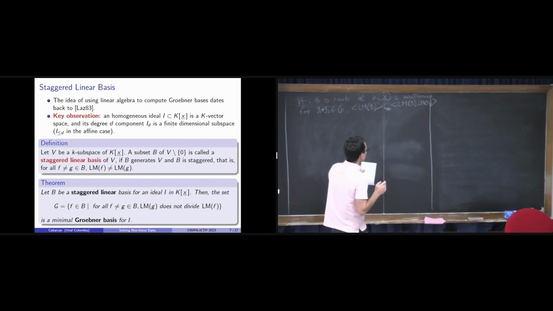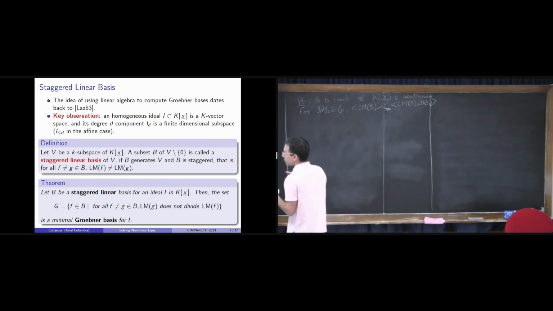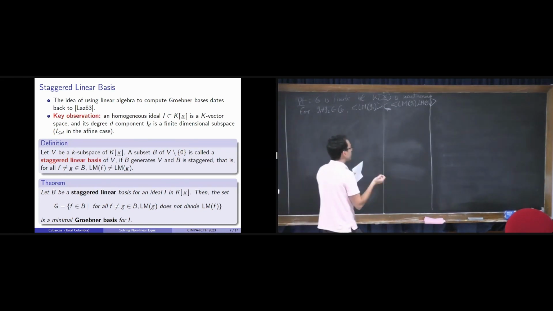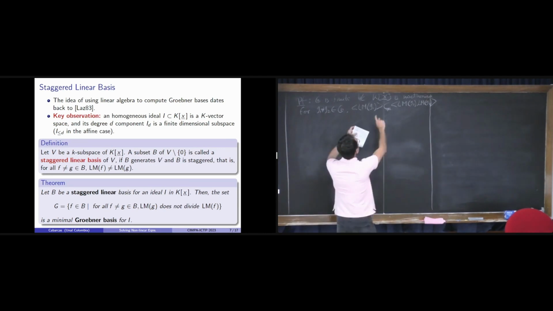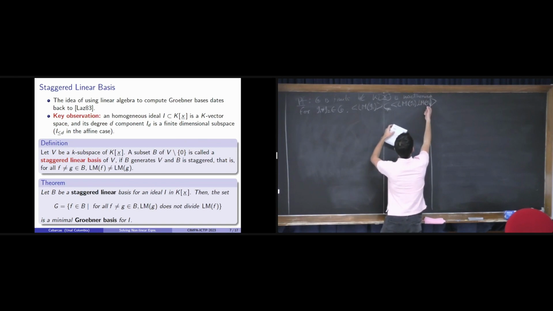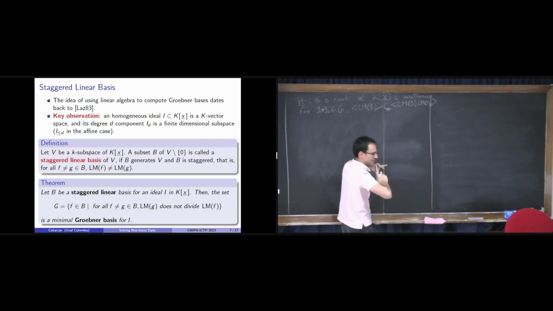And that's because of the condition that the leading monomials do not divide each other. Because the leading monomials of G1 and G2 do not divide each other, when you include another one, you necessarily increase the monomial ideal.